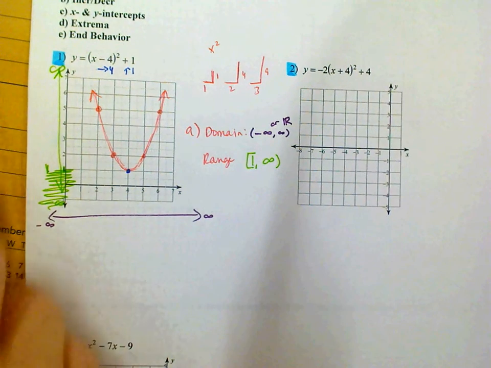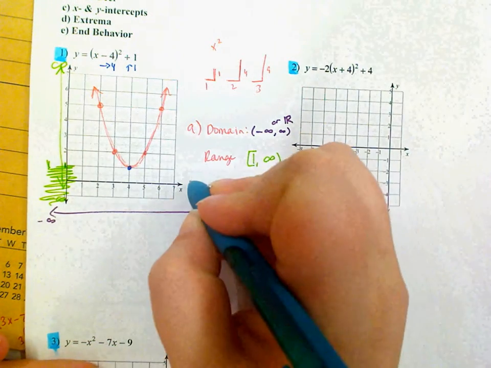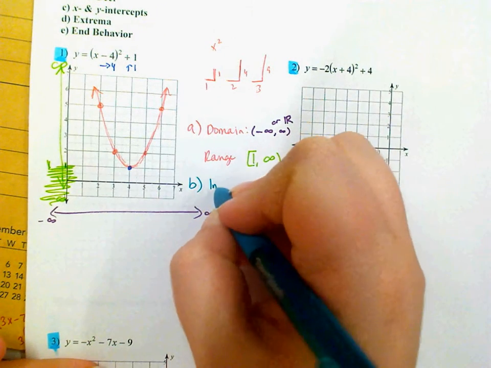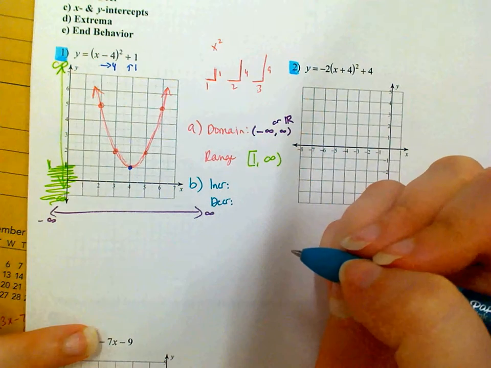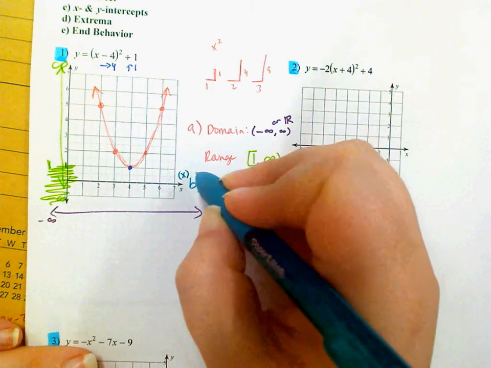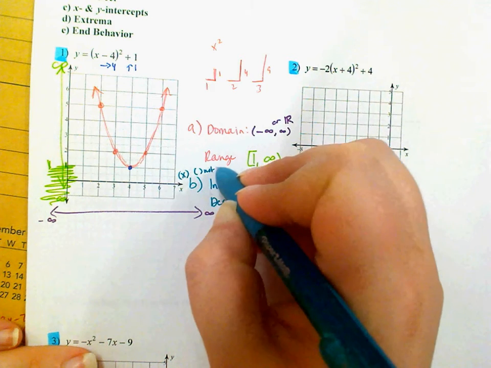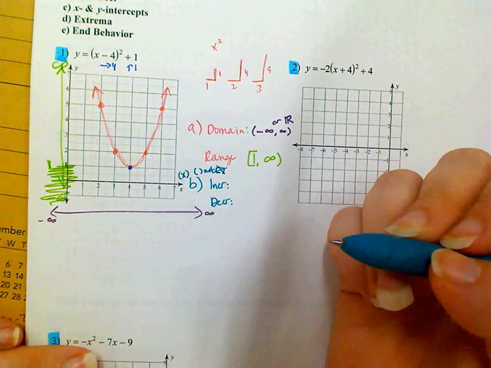Part B asks for increasing and decreasing. So increasing and decreasing is always going to be intervals of x and only parentheses, not brackets. So parentheses, not brackets, and only x's.